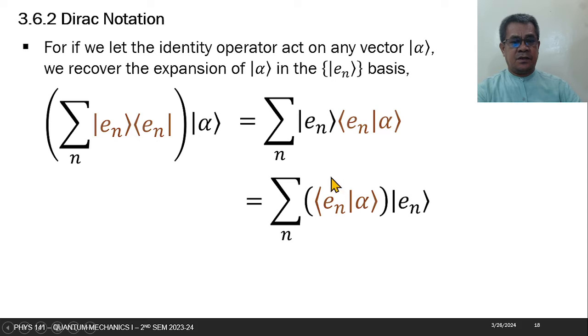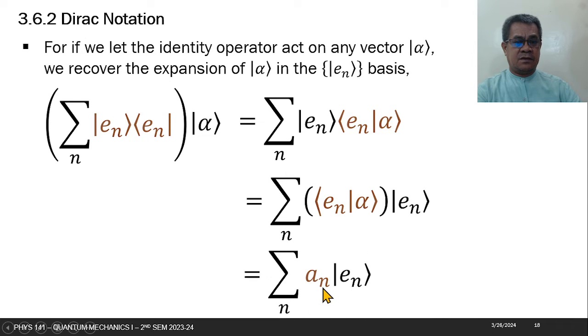So in other words, remember that this summation of En alpha is just equal to En. So this inner product of En and alpha is just equal to the coefficient of alpha with respect to n.